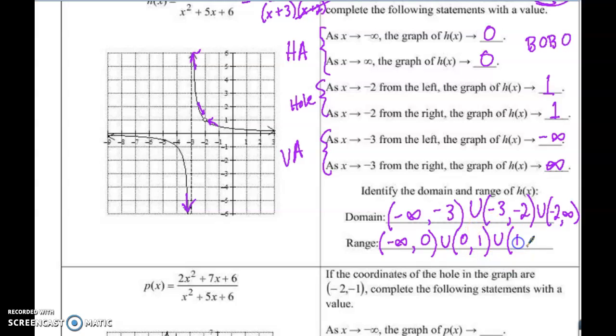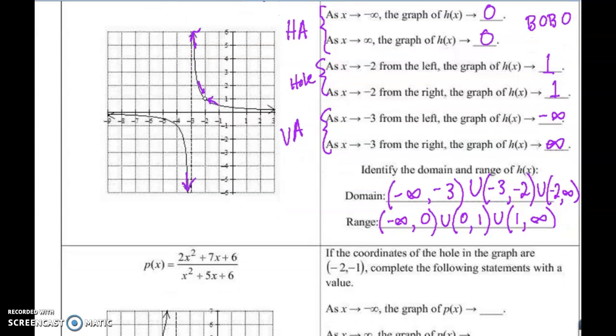Notice that we write it in interval notation, and these values in here, let me highlight, the order depends on what happens first. I think in the previous one, the hole happened before the horizontal asymptote. So pay close attention to that, because I will mark it wrong.